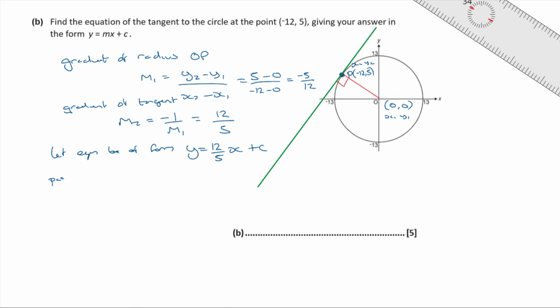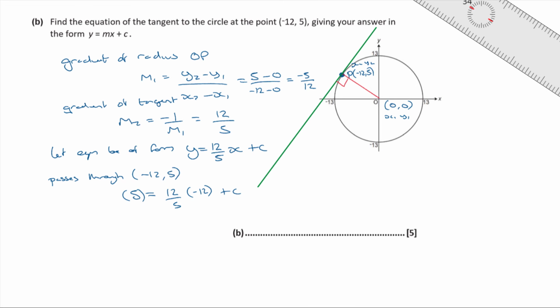So I can sub those two values in for x and y. So y is 5, 5 equals 12/5 of x, which is minus 12, plus c, the y-intercept.